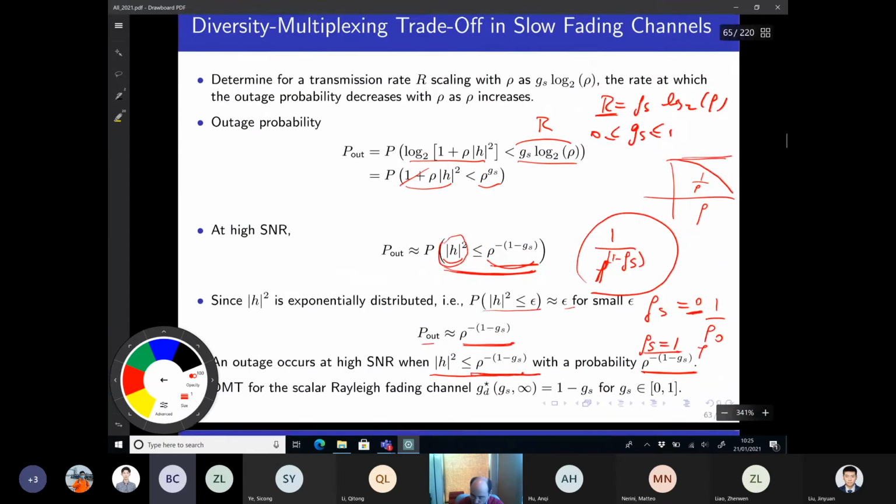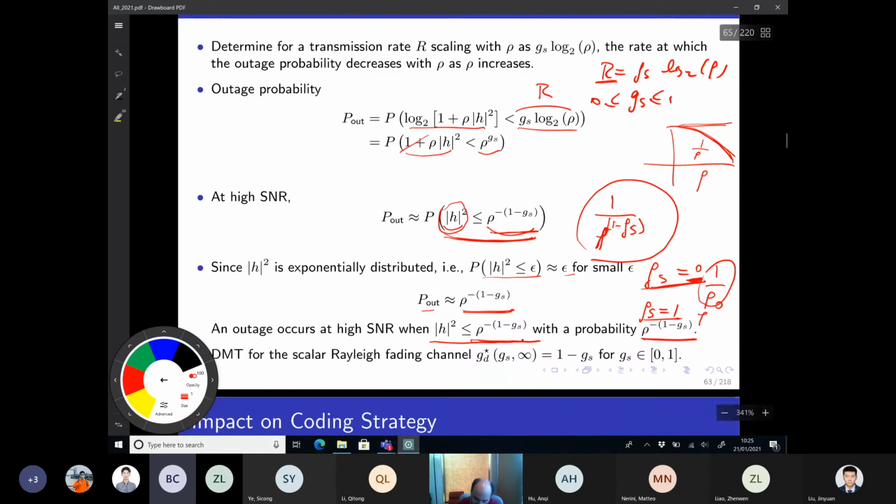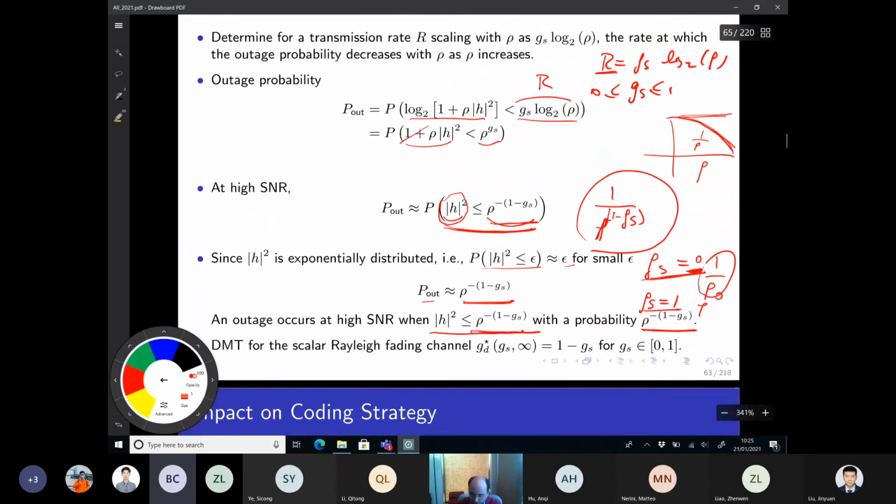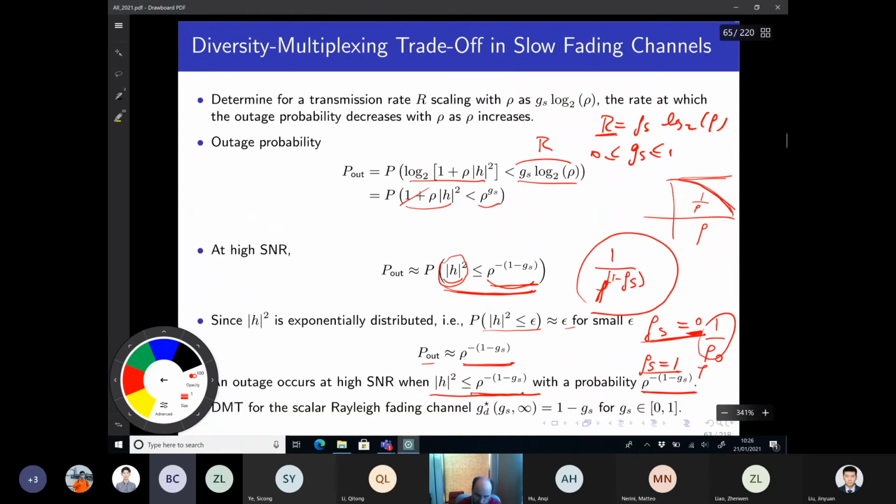So if GS is equal to 0, now I have a constant rate. So I transmit at a constant rate, but I have an outage probability that decreases as 1 over rho. So I'm going to have a more reliable transmission because my outage will decrease as my long-term SNR increases. Okay, so this is the trade-off between multiplexing gain and diversity.